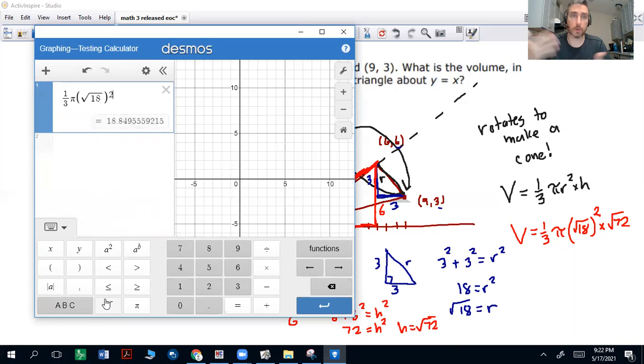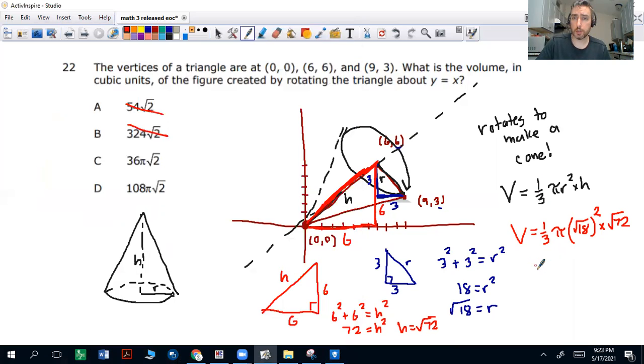Now, the square root of 18 squared is just 18. And then you're going to times that by the square root of 72. And you get a volume of about 159.9. So that volume is approximately 159.9 cubic units. So which one of those is going to be 159.9? We're going to check that.